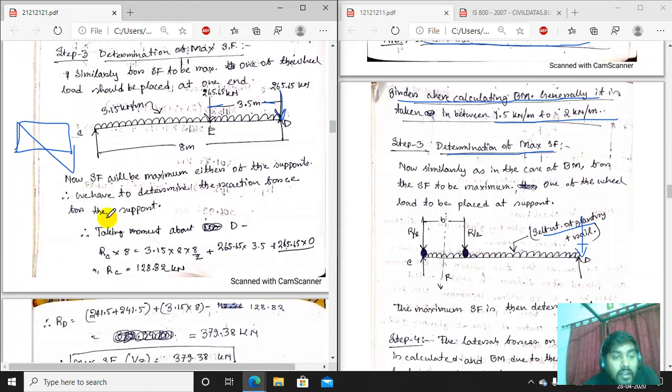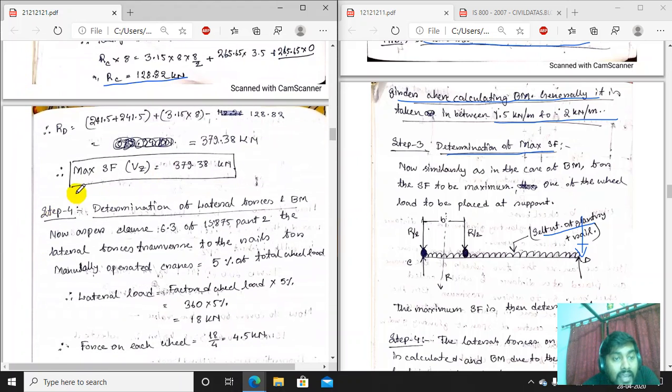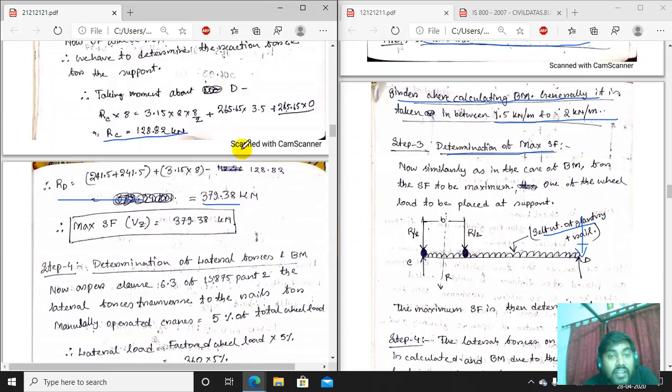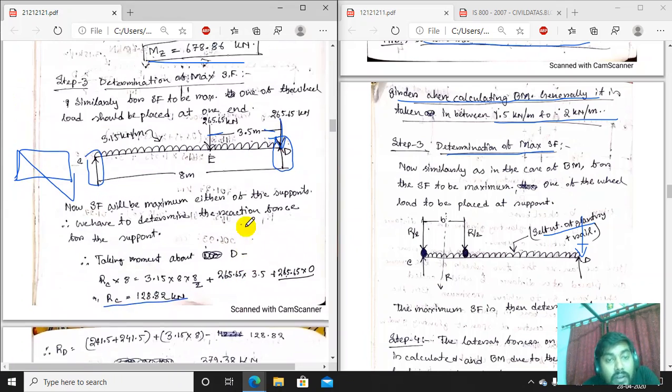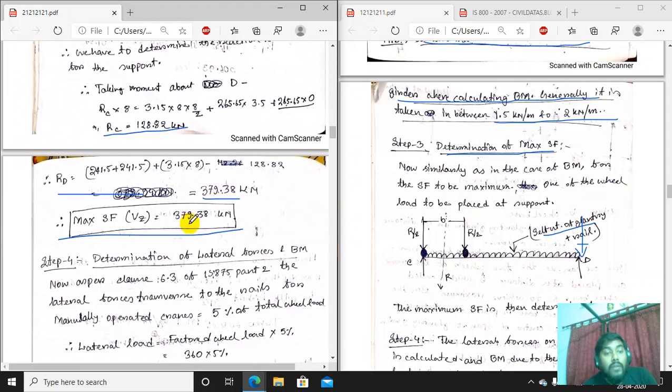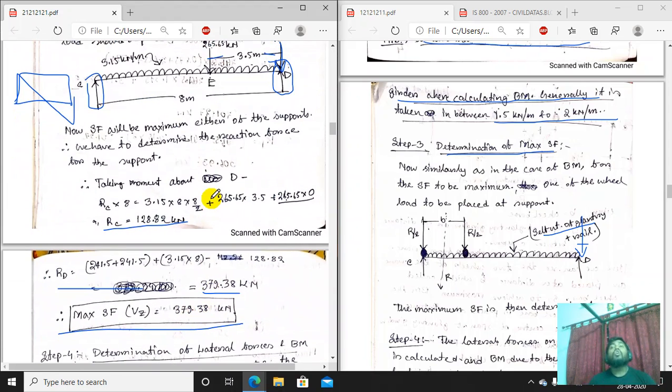Taking all the moments with a similar formula, we get RC equal to 128.82, and as the load is acting here, RD will be equal to 379.38. So the maximum shear force is 379.38. That is the value of the shear force that will be acting on the gantry girder.